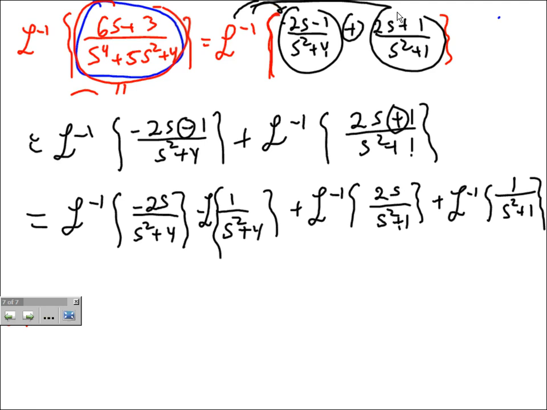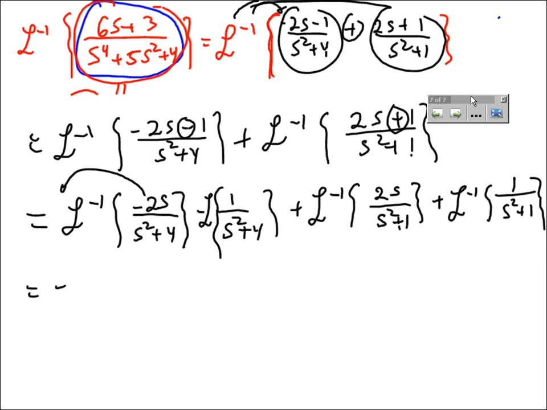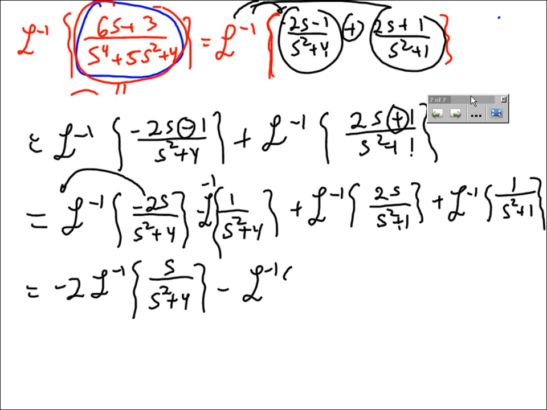Alright, now, a couple more minor changes. I can bring out the minus 2. So it's negative 2 times the Laplace inverse of s over s squared plus 4, we should know that one, minus the inverse Laplace of, well, we have s squared plus 4 on the bottom.